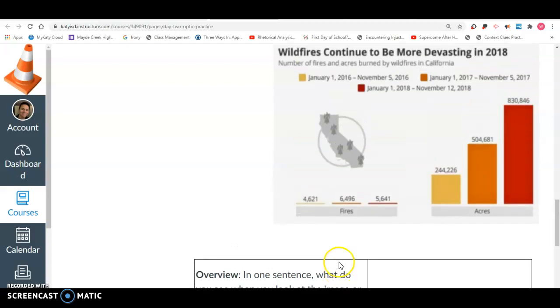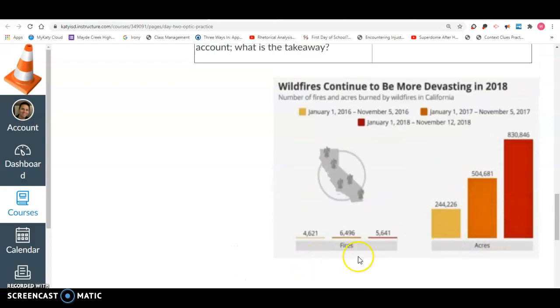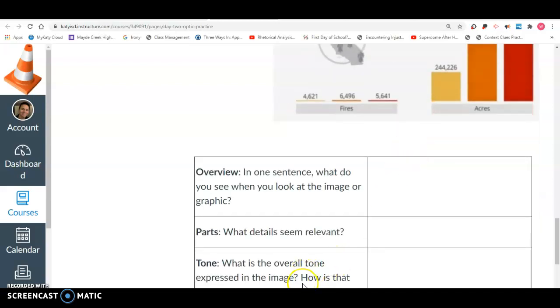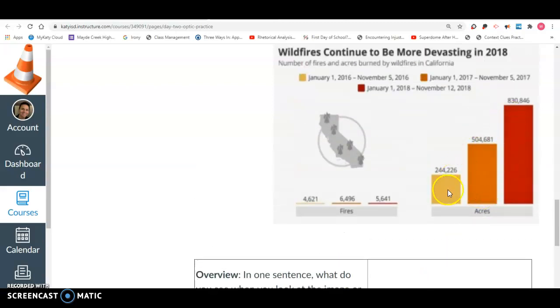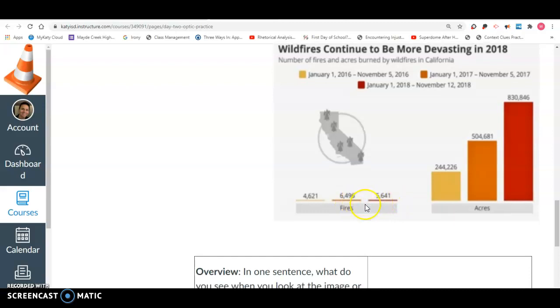What details seem relevant? Acres, the fires, the state of California, the dates. Overall tone. Well, it's showing that it's increasing in terms of damaged acres. Now the number of fires have slightly decreased, but that's still a lot of fires.